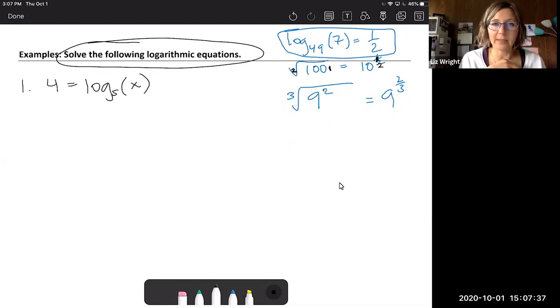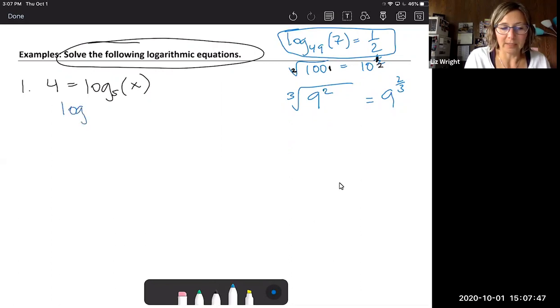What I want you to do is convert into exponential form. Some students get tripped up by this because they're used to seeing it the other way, so if you need to switch it around, go for it. Use your rule of 7s. So it's going to be 5 to the 4 equals x.